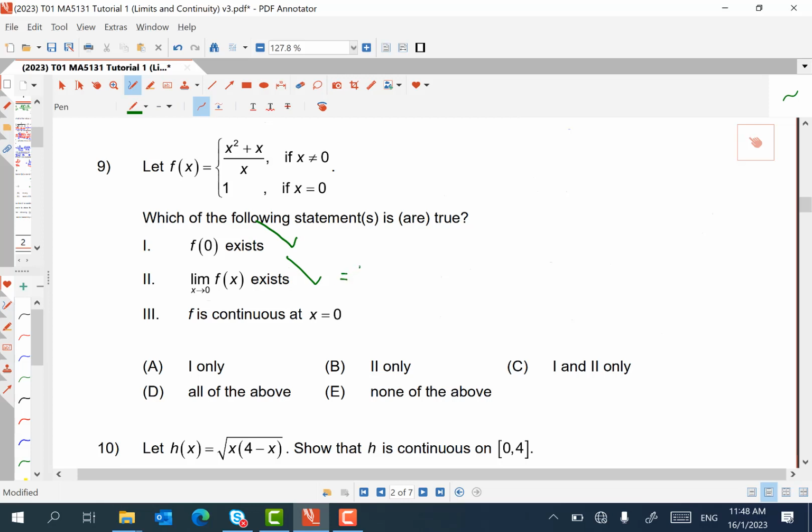Right, it's equal to 1. And this one also 1, this is also 1. Okay, Ke Yue, part 3? Yes. Why is it yes? It's satisfying all the... Right, so therefore... Okay.